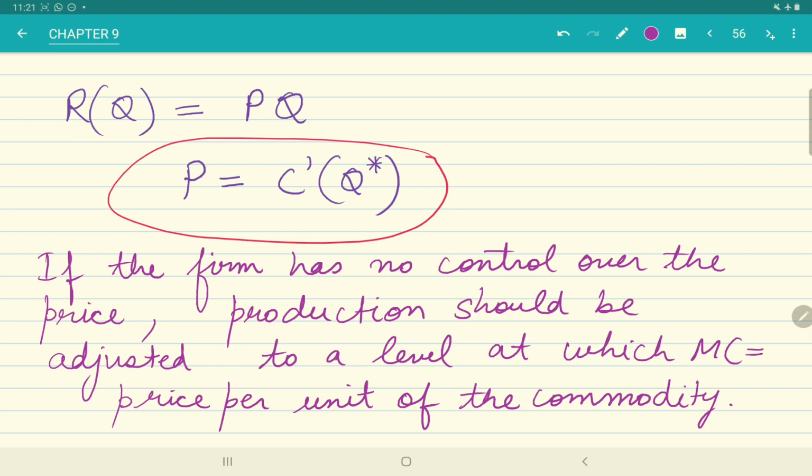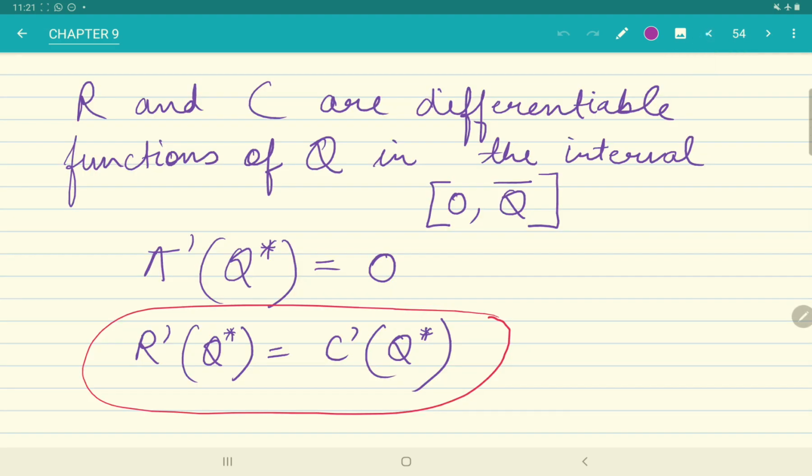So how do we get to the maximum value? Again, we get to those steps. We take up all the stationary points. That means we solve this. When I solve pi prime q star is equal to 0, that means I get this.